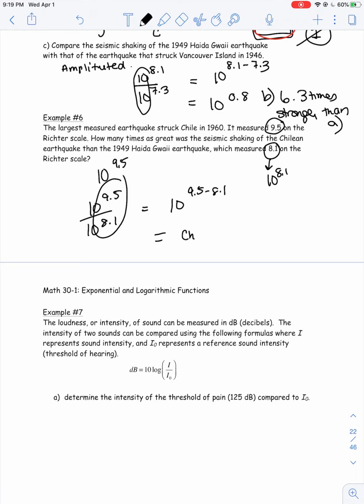So we know that the Chile earthquake was 25 times stronger than the 8.1 earthquake. Okay, so the 9.5 magnitude is 25 times stronger than the one that is 8.1.